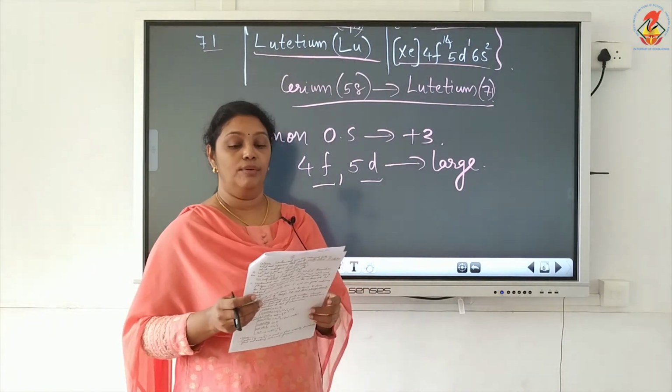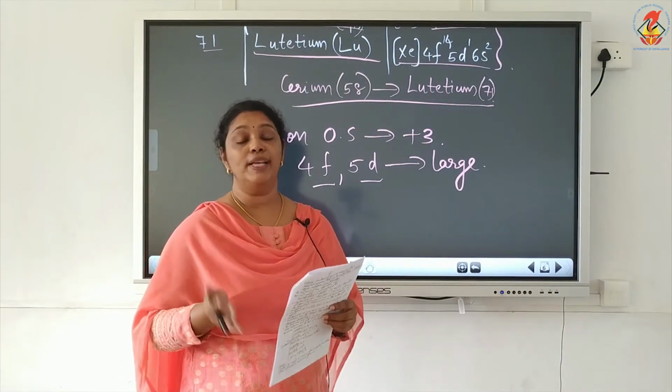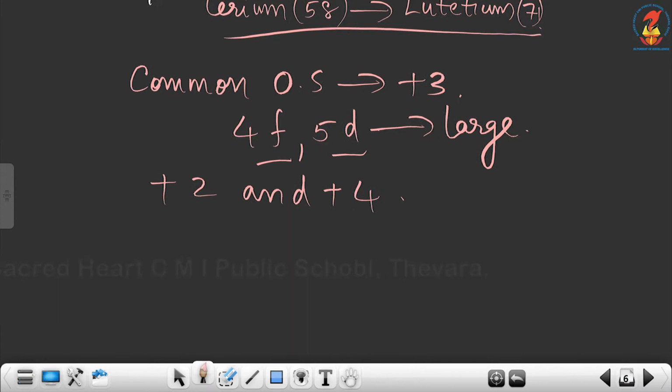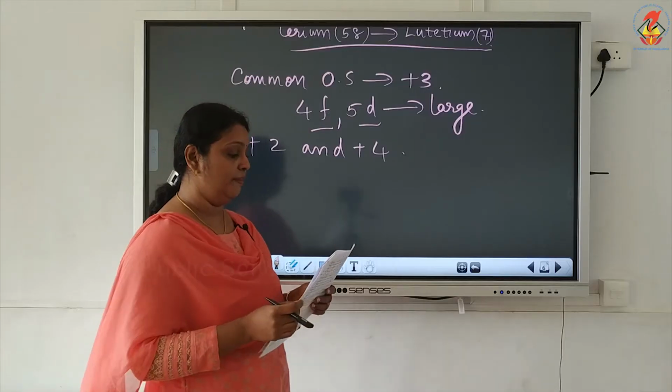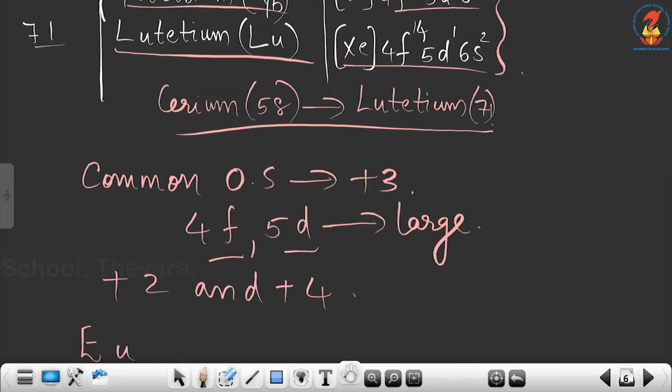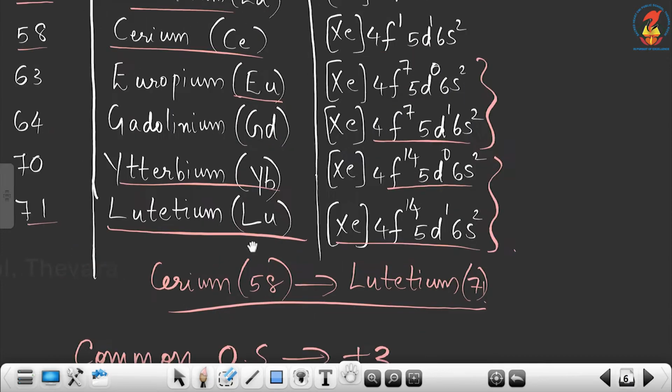orbitals. Now other than +3, oxidation states of +2 and +4 are also exhibited by some elements by losing 2 and 4 electrons to acquire stable configuration. For example, we can see europium 2+. What's the configuration of europium?